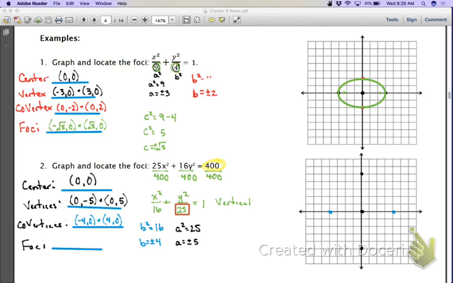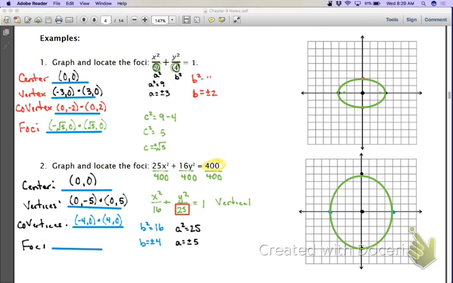I would still find my foci the same way. Once you get those points, if you want to graph it from there, that's completely alright, as best you can. Now remember, your foci is going to be on your vertical axis instead of your horizontal axis.